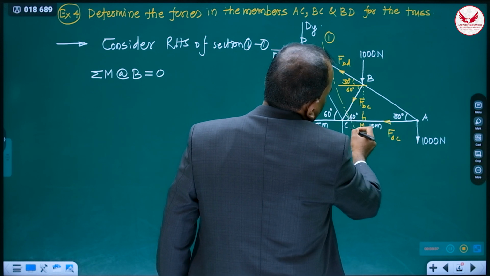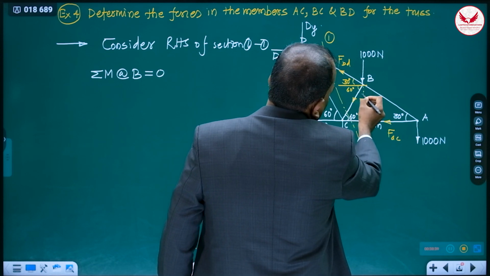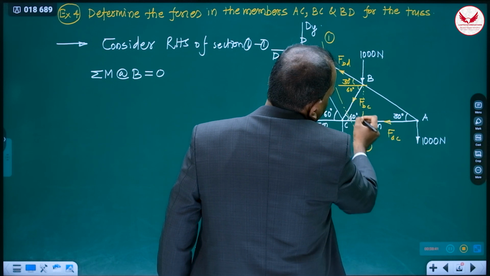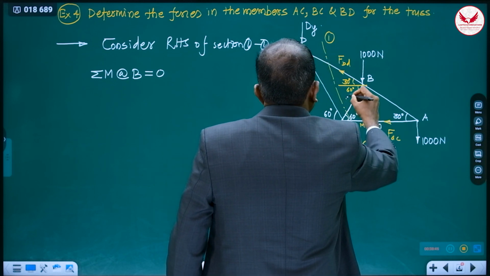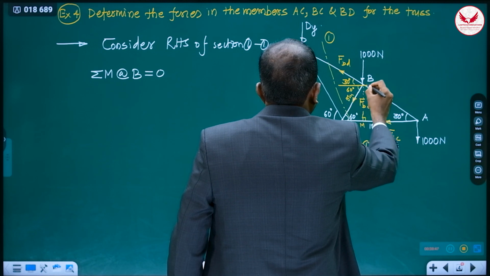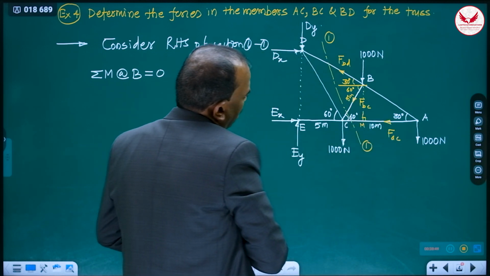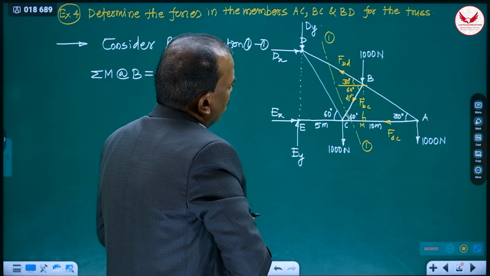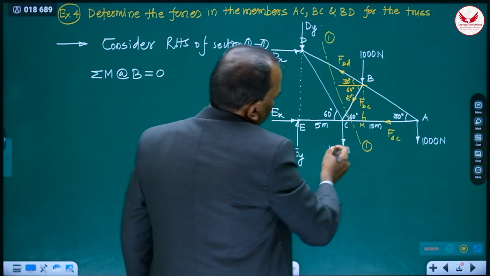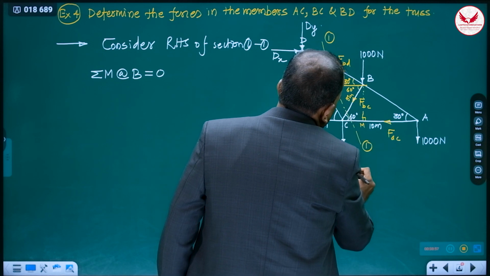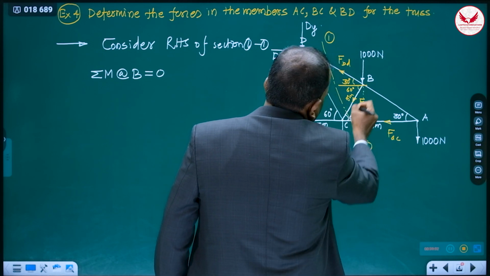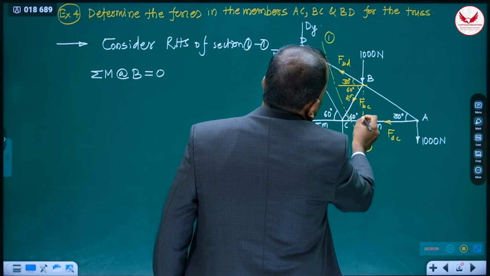This angle is 90, which means if it is 10, then BC is going to be 5. And BC is 5. Then we can calculate CM.